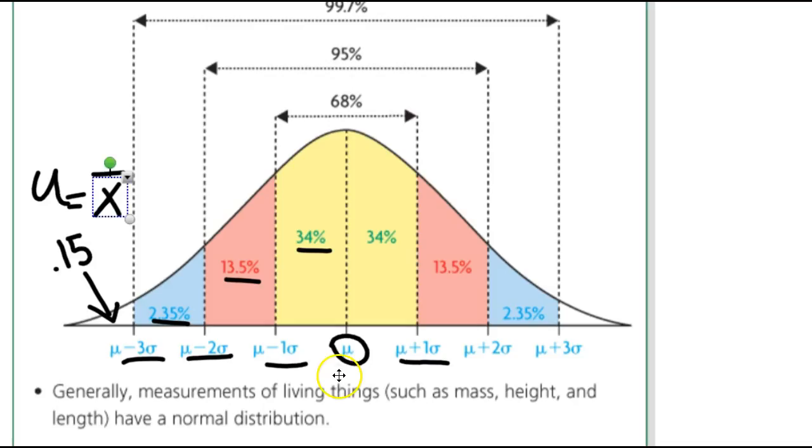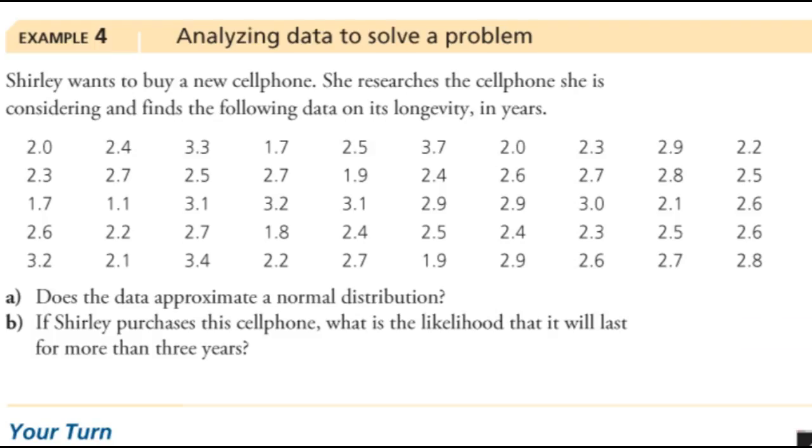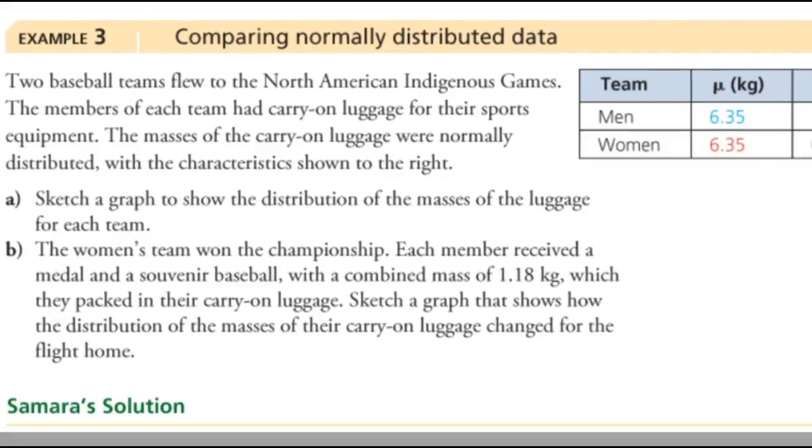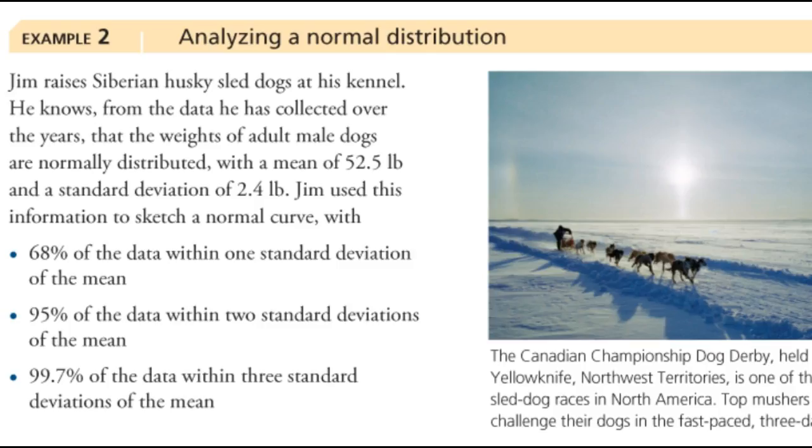Okay, so we're going to look at an example in the textbook. It's on page 245. It says Jim raises Siberian Husky sled dogs at his kennel. He knows from the data that he has collected over the years that the weights of the adult male dogs are normally distributed. So as soon as you see those words, normally distributed, you think, okay, I'm going to use that bell curve.